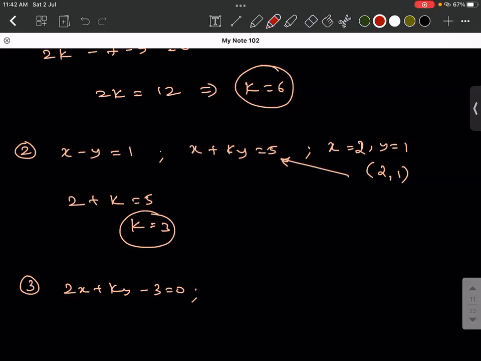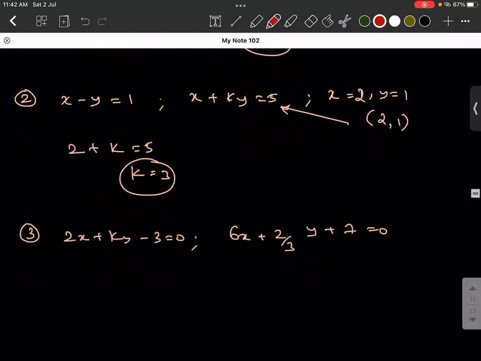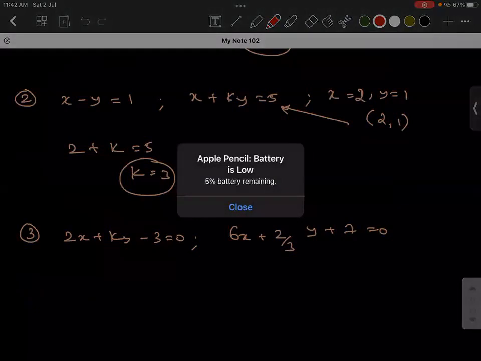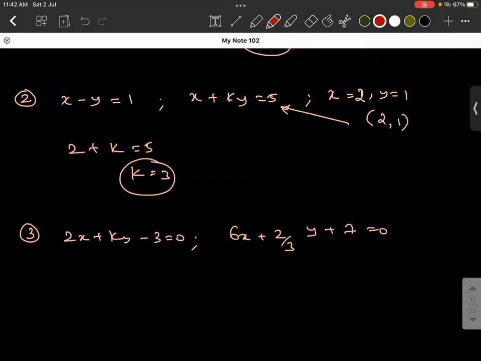Sorry, I didn't get you. 2x plus ky. Has a unique solution. If so, it should not have infinite solution, or a condition where it has no solution also. So during those two cases, infinite solution and no solution, what is happening? A1 by A2 is becoming equal to B1 by B2. So what is the condition for unique solution?